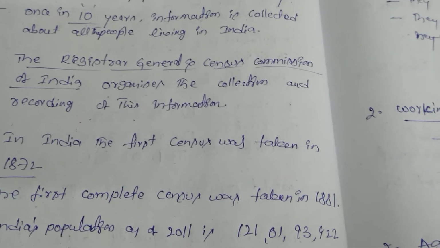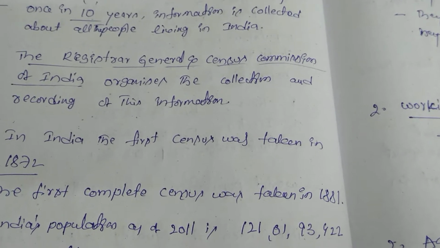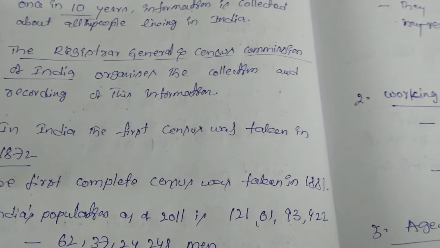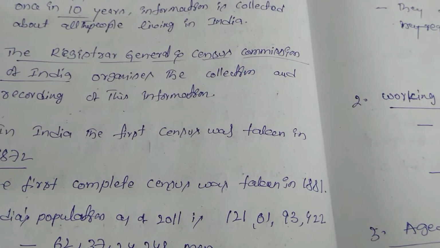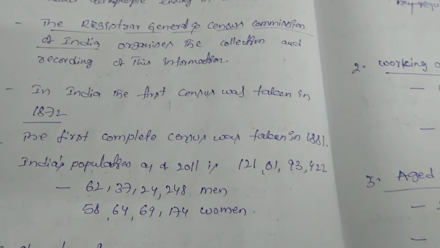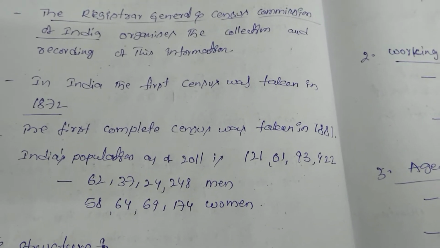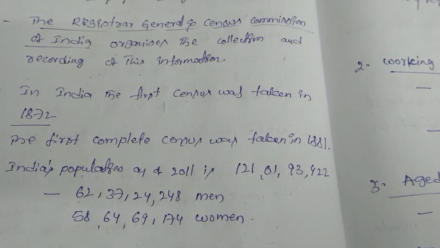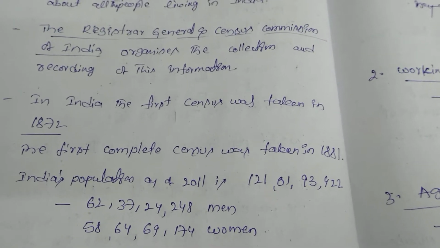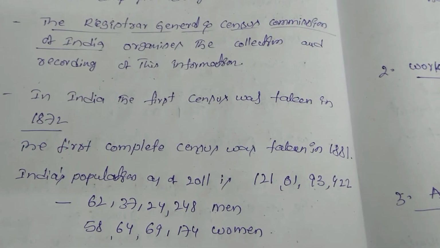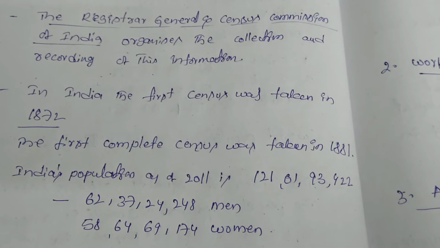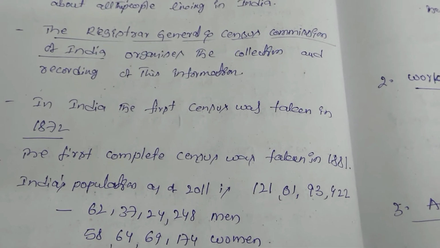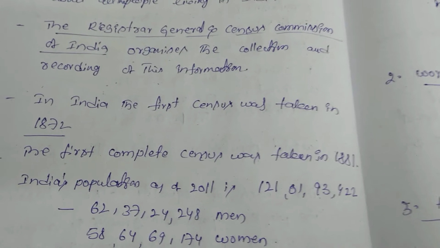So out of this, 62 crores 37 lakh 24,248 men, 58 crores 64 lakh 69,174 women. So here the women population is less than men population in our country according to the 2011 census.